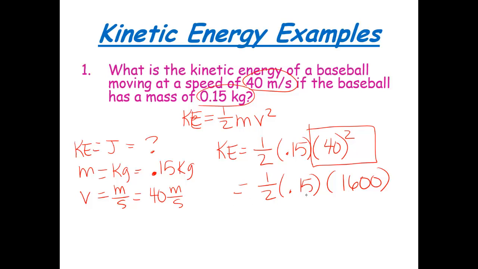Half, which is 0.5, and you could do this two ways. You could take 1600 times 0.15, and then divide it by 2. That's 120. Or you could do 0.5 times 0.15 times 1600.